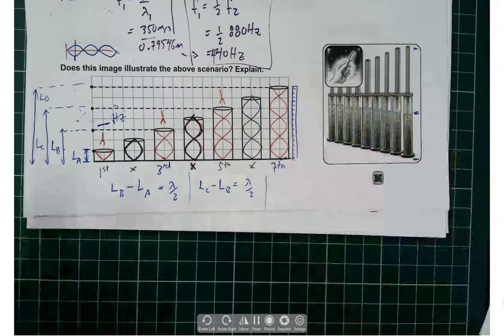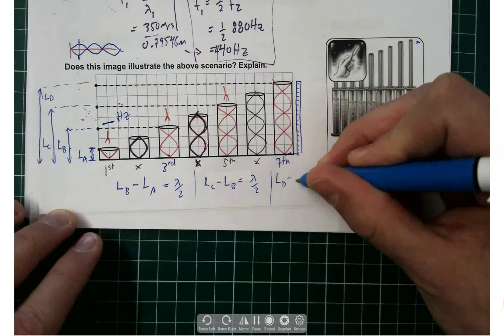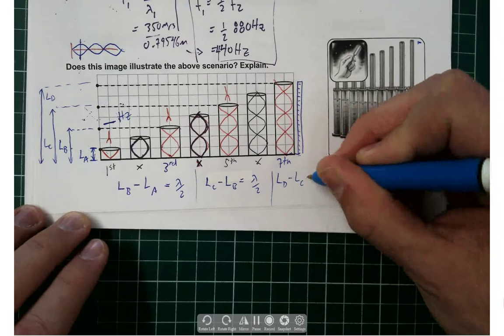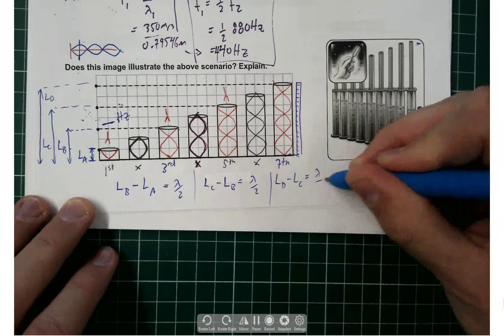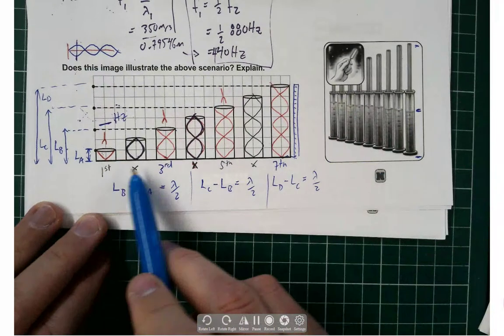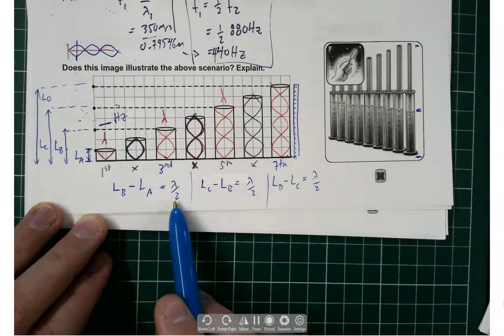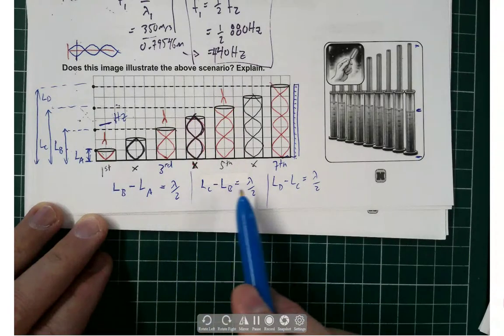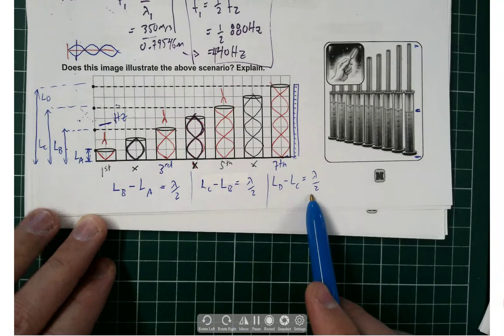I don't want to blow your mind here or anything, but if I do length D minus length C, what am I going to get? Half a wavelength. Now what that means is, if I could pick up the first, third, fifth, and seventh resonance lengths, I could find the wavelength using this pair of lengths, and this pair of lengths, and this pair of lengths.